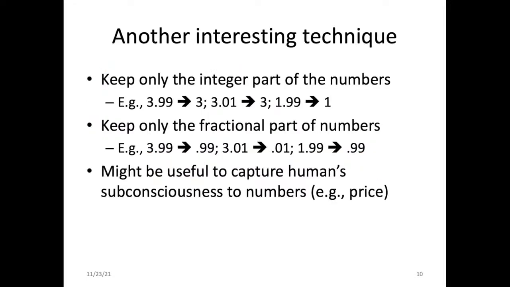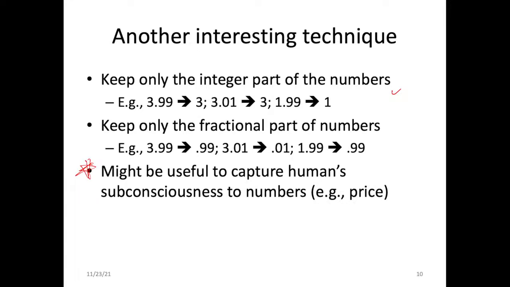Okay, there's yet another interesting technique. When I first saw this technique in a Kaggle competition, I could not understand why they wanted to do this very strange encoding. But I found some people give this explanation, so I'll tell you what that means.